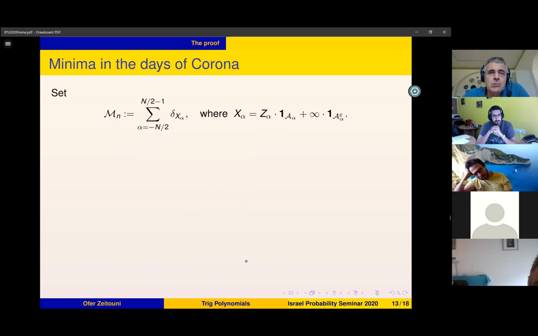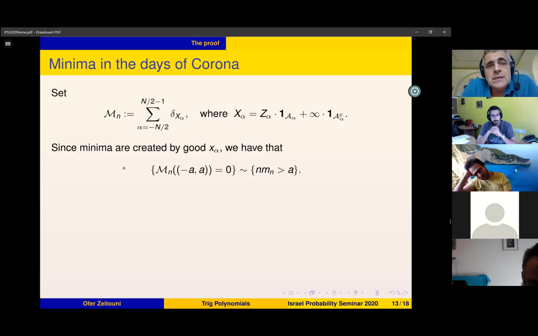So if I'm at A alpha, I would like to keep the Z alpha. If I'm not at A alpha, which means that the local minimum is occurring somewhere else, for me that's as if it's infinite. So now I'm going to introduce a new process, which is a point process. I'm summing a Dirac mass at each of the values of the local minima. So this is Mn, and this is a point process. And what can we hope?